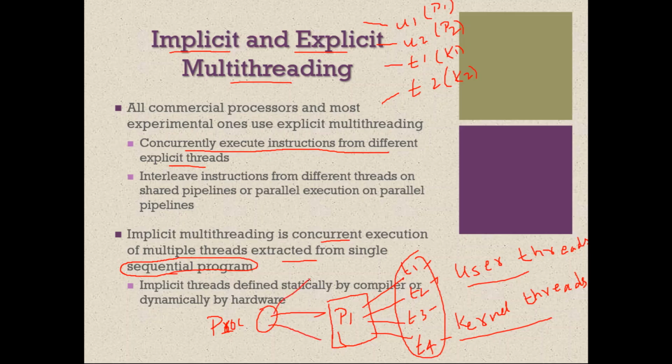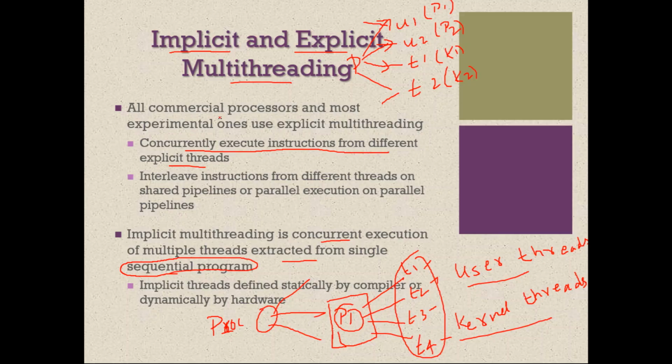But within the process, the process itself may transfer control to different threads. That type is implicit multi-threading. But in explicit multi-threading, the processor itself is directly switching. First it executes thread 1 of some process, then thread 2 of some other process, then thread 3 of some other process, and so on. That is called explicit multi-threading, which we are going to discuss in detail.